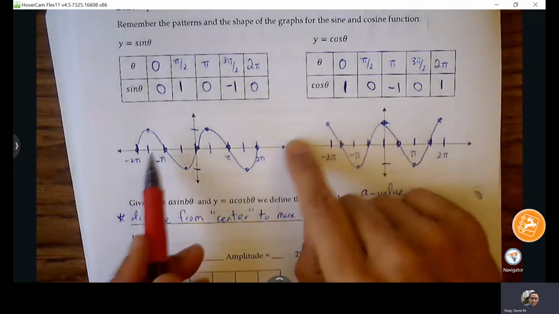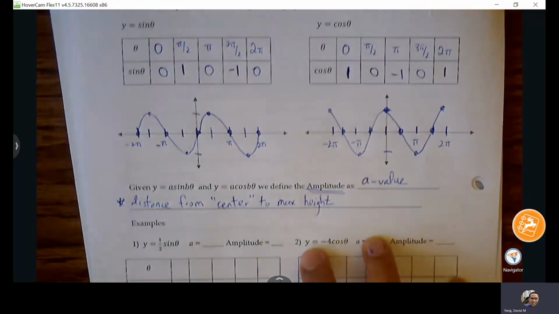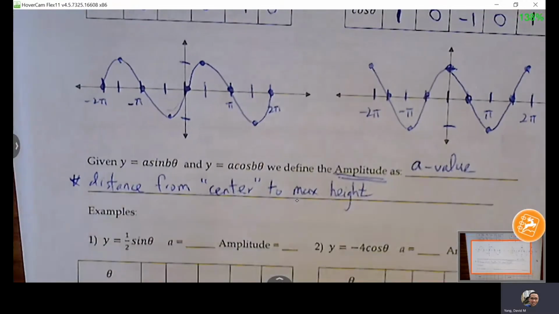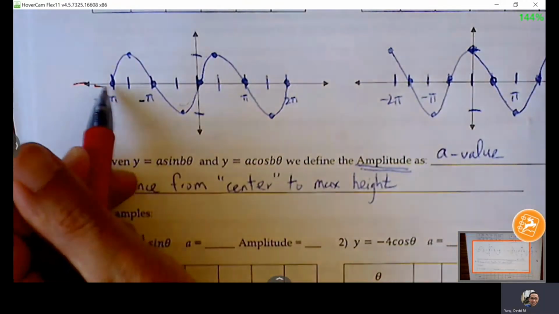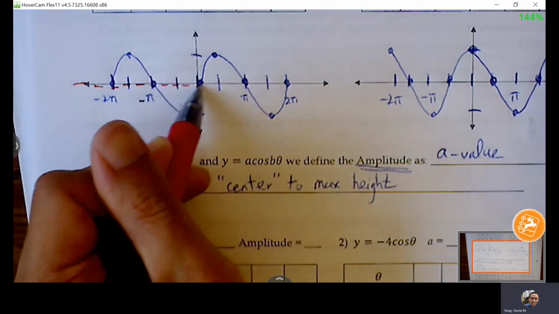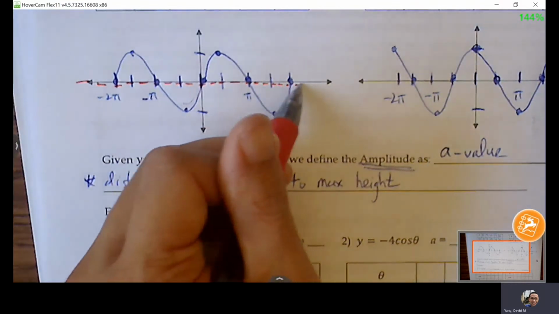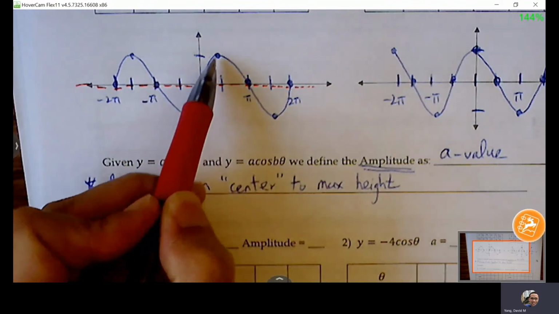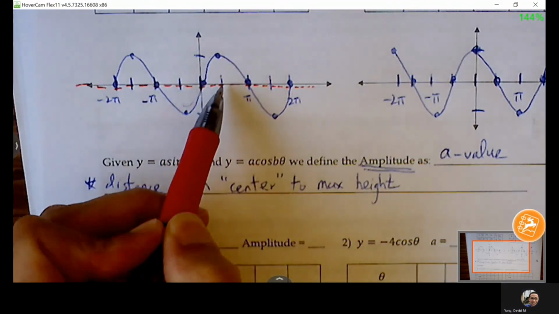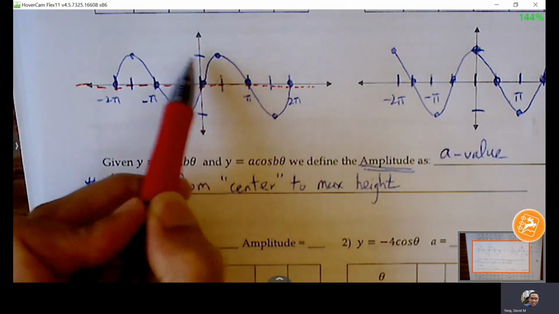Okay, so if you look at the sine graph, you can think of the 0 as the center, right? It's kind of like the center of your graph. What is that distance from the center to the max height? 1, right?